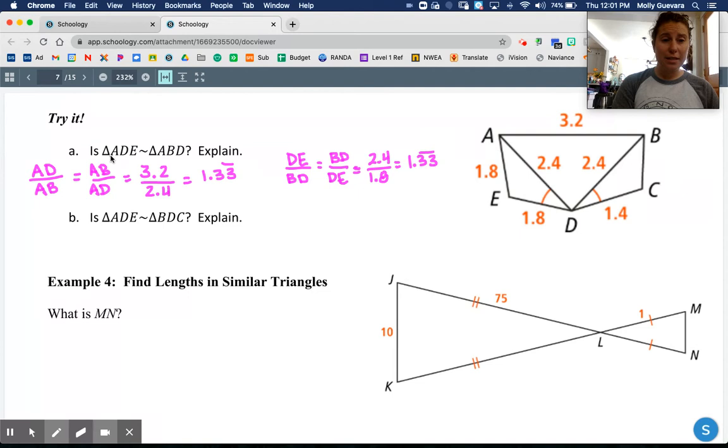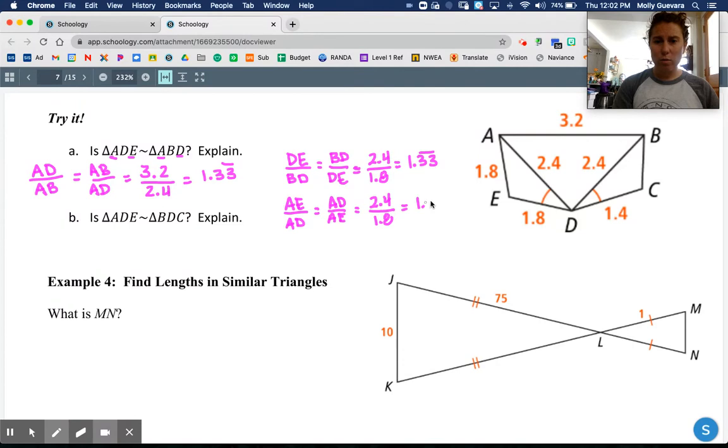Then the third side is the first letter and the last letter. So AE should be proportional to AD. And again, you can switch the order, right? You can do AD first and AE second. It doesn't matter. Well, AD is 2.4 and AE is 1.8. I've already done that. I did it up here.